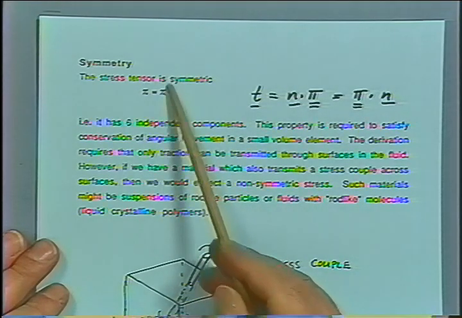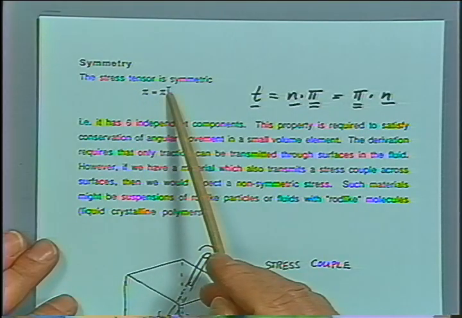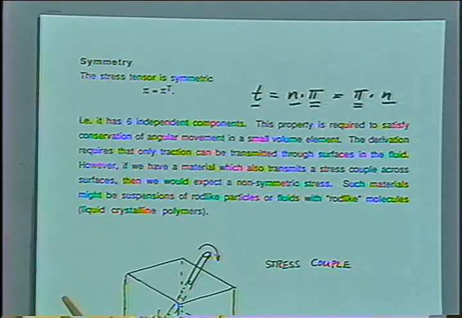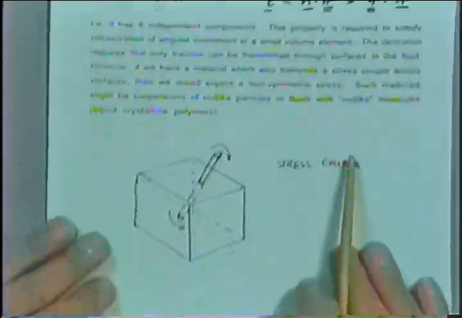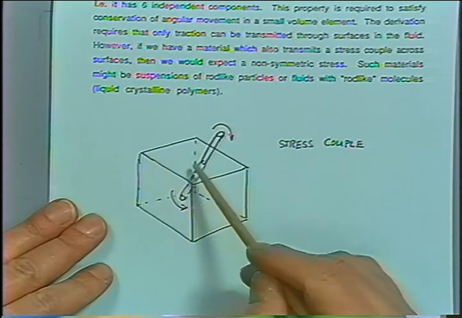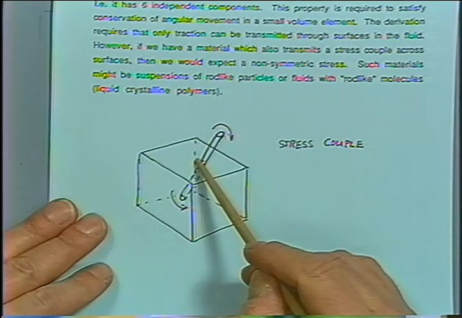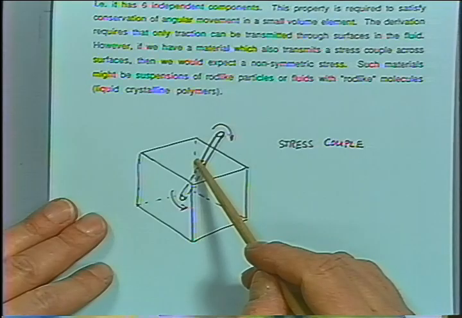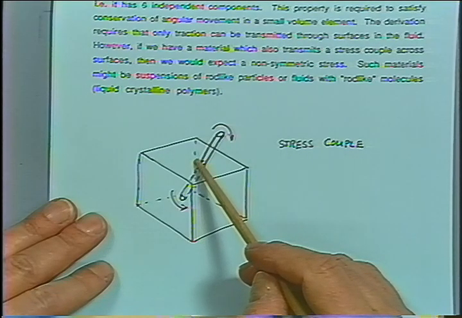Now, that has to be proven somehow, that the stress tensor is symmetric, and it comes out of the conservation of angular momentum for a material element. Now, we assume that on a little area element only shear stress is transmitted on those surfaces, but that there is no couple stress.